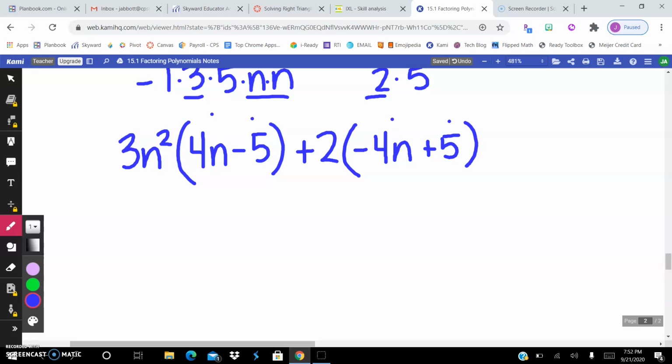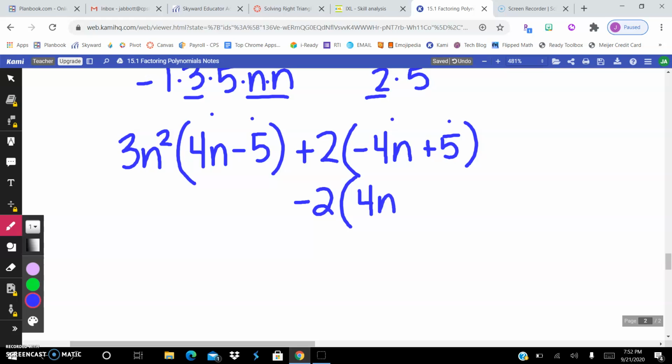So what I'm going to do is factor out a negative 1 out of the last set of parentheses. If I bring out that negative 1, I'm going to divide everything by negative 1, but when I bring it out, that 2 is going to become a negative 2, so I have to multiply it by that negative 1 that I'm bringing out. And negative 4n divided by a negative 1 would give me a positive 4n.